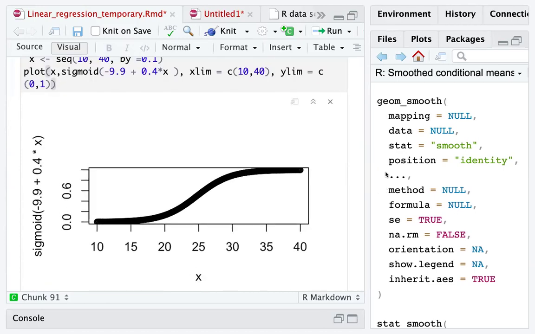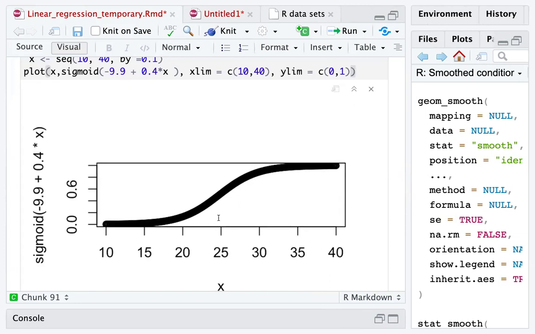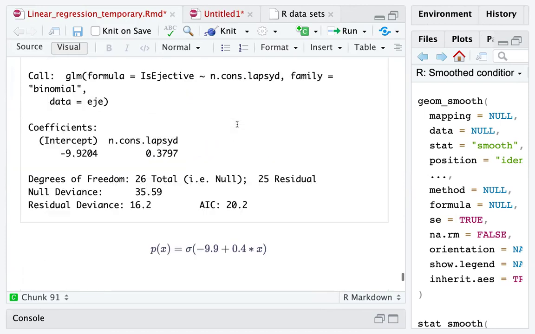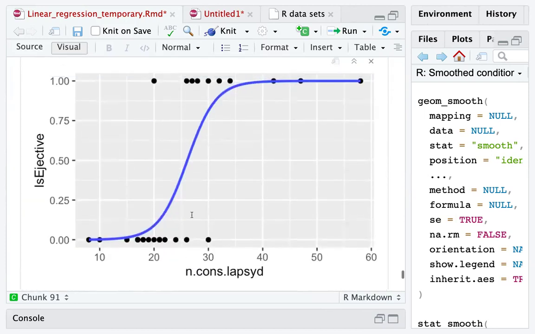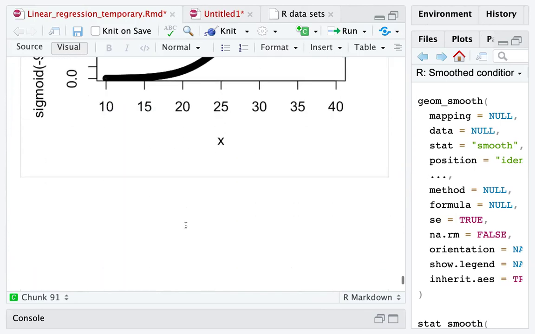Okay, this is the same function. Like at 25, it has this point of inflection. So this is the output of the logistic regression. Simply, quite simple.